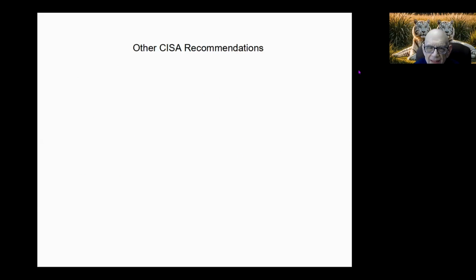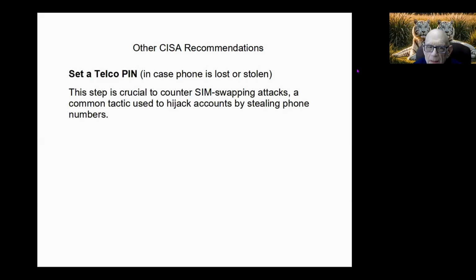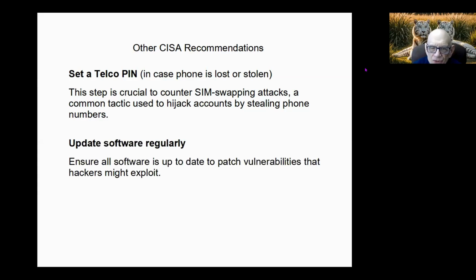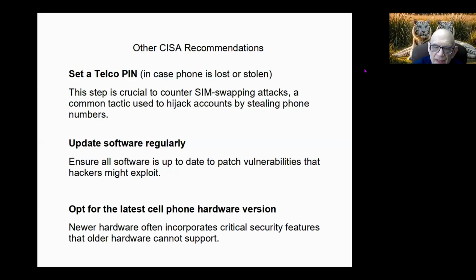Other CISA recommendations include setting a telco PIN number in case your phone is lost or stolen. It's also crucial to counter SIM swapping attacks. Update your software regularly. And if you can, opt for the latest cell phone hardware version, because this frequently incorporates critical security features that older hardware cannot support any longer.